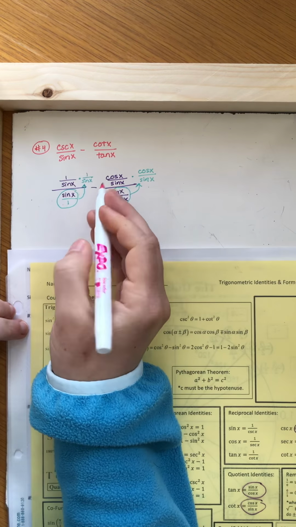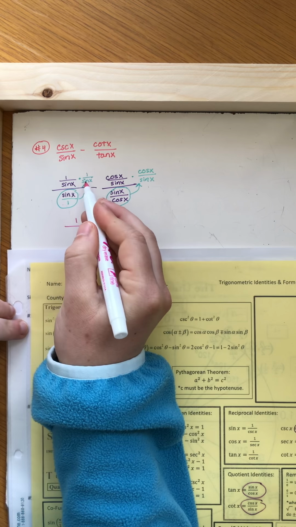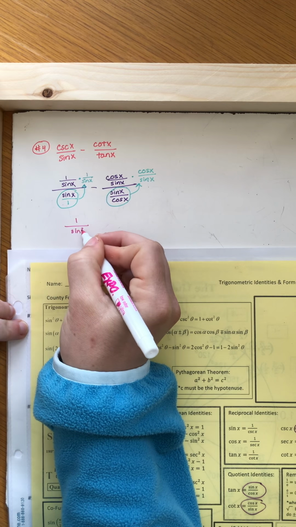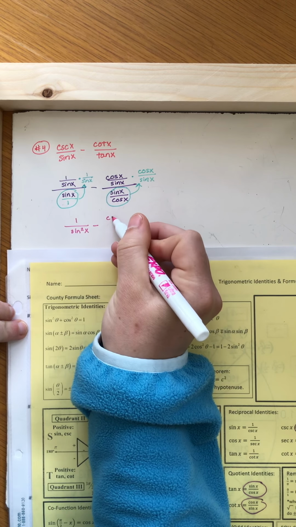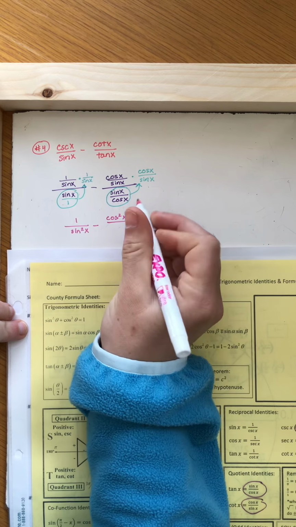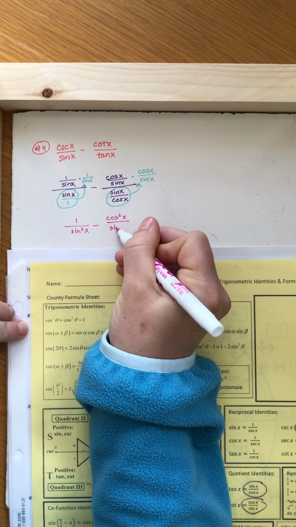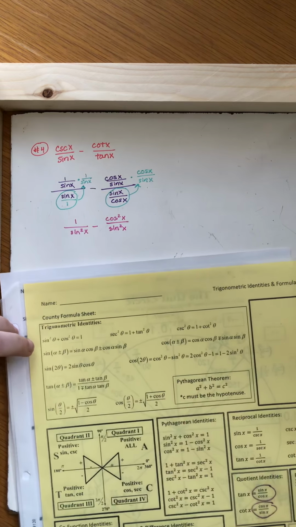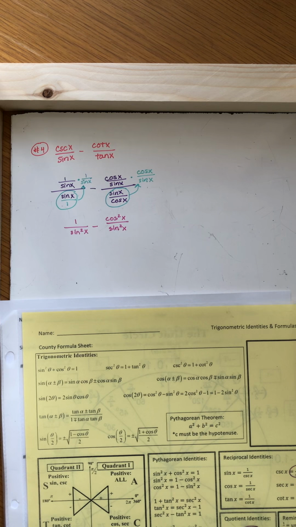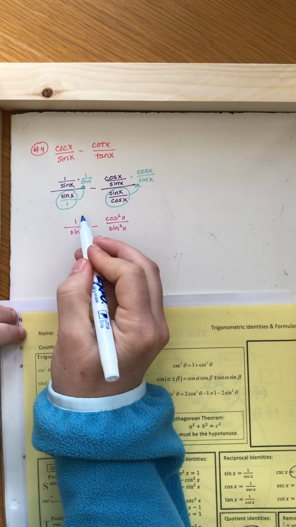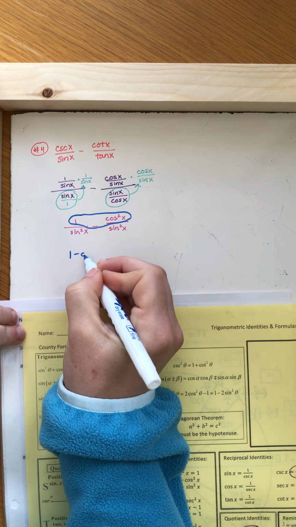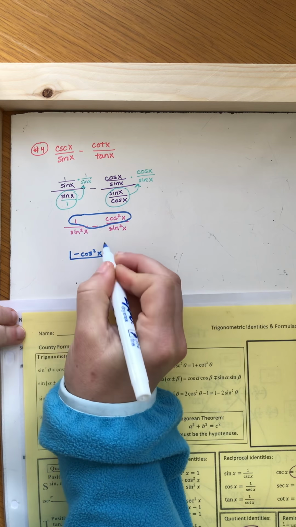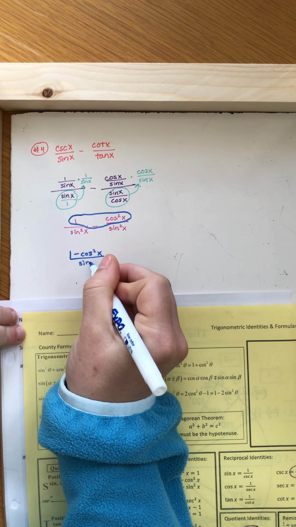So I get 1 times 1 is 1. Sine x times sine x is sine squared x. Minus cosine times cosine is cosine squared. Sine times sine is sine squared. Now we have the same denominator, so we can condense them. We can push them together. We would have the top be 1 minus cosine squared x over sine squared x.